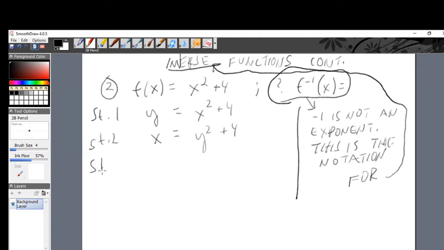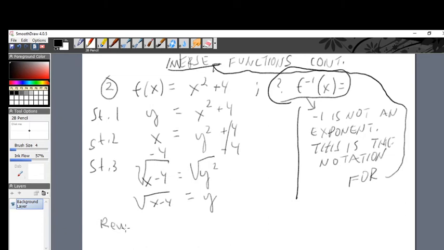Step 3. Solve for y. So do a -4 on right, -4 on left. This will be gone. We'll get x minus 4 equals y squared. Right? We still have to solve for y, so take the square root of the right and the square root of the left, and you get y equals the square root of x minus 4.